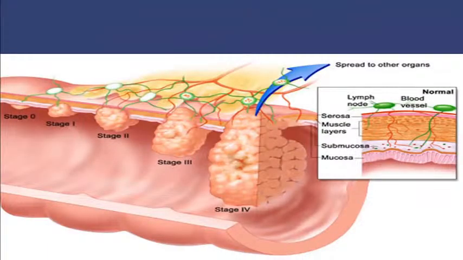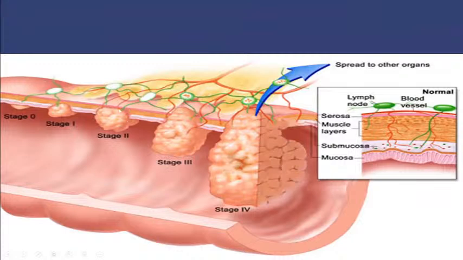So this is a schematic diagram to show staging, which is the clinical process of estimating the burden of disease. Stage 0 is when you have a mucosal tumor. Stage 1 involves the muscle layer, but not the entire wall.